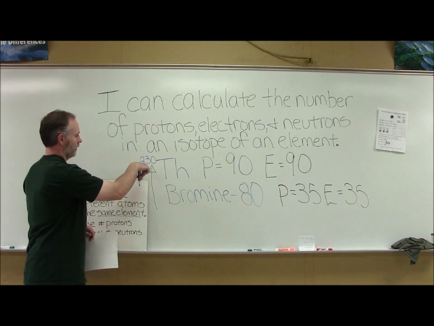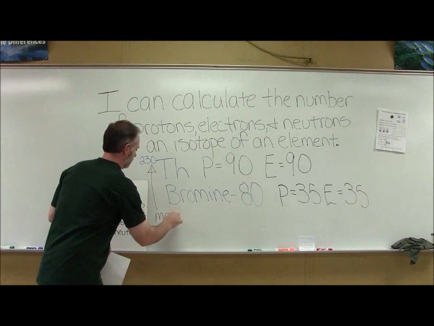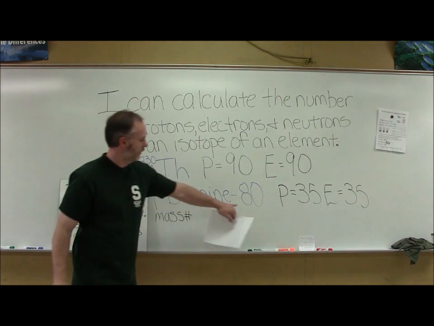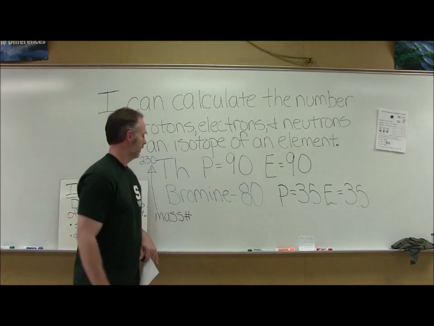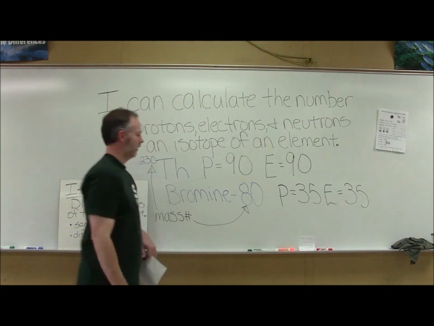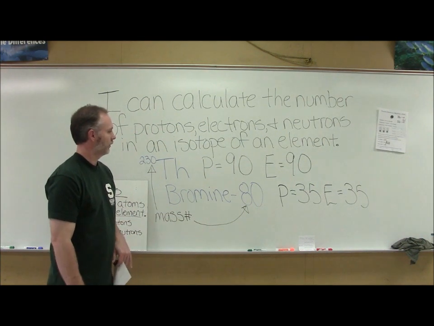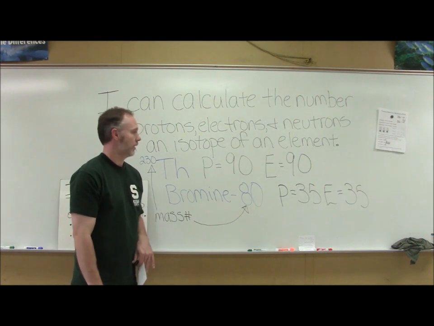That number right here, thorium-230, that's our mass number. And the number 80 at the end of the hyphen notation here, that's also the mass number. So these are the numbers that we're going to subtract to find our number of neutrons.